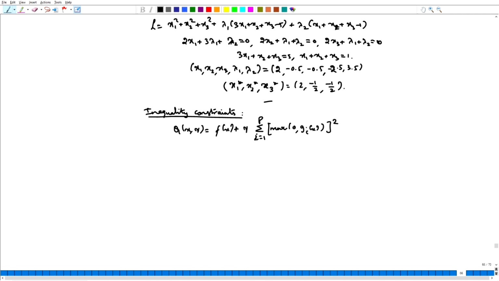Why do we need this? Please recall that the penalty is levied only when the constraint is violated, right. So h j of x is violated if h j of x is not equal to 0. So for h j of x equal to 0 you have a 0 penalty, h j of x not equal to 0 you have a positive penalty, right.